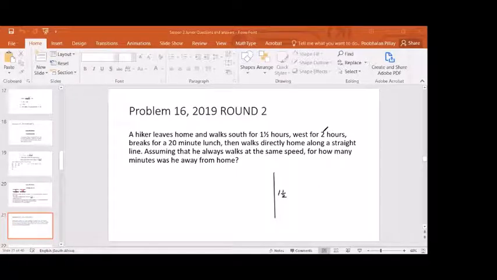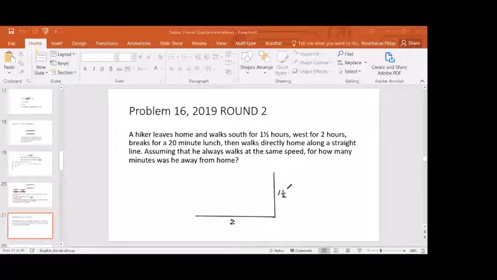And then he moves west, in that direction, for 2 hours. So he's going to walk a longer distance now because he's walking for a longer period of time. This time he walks for 2 hours.